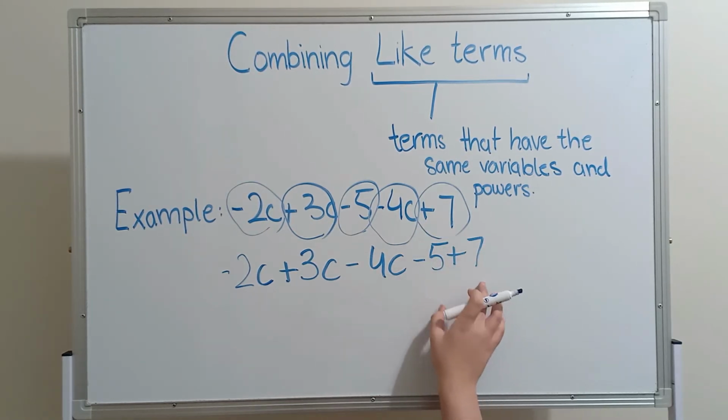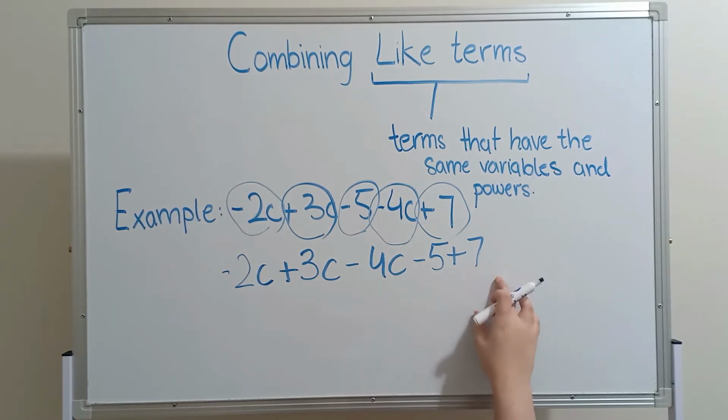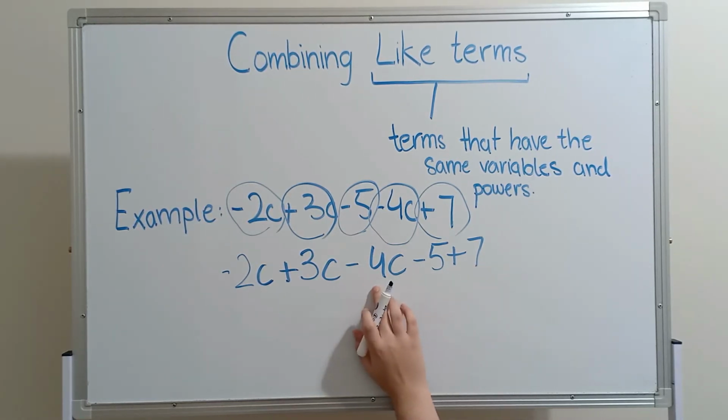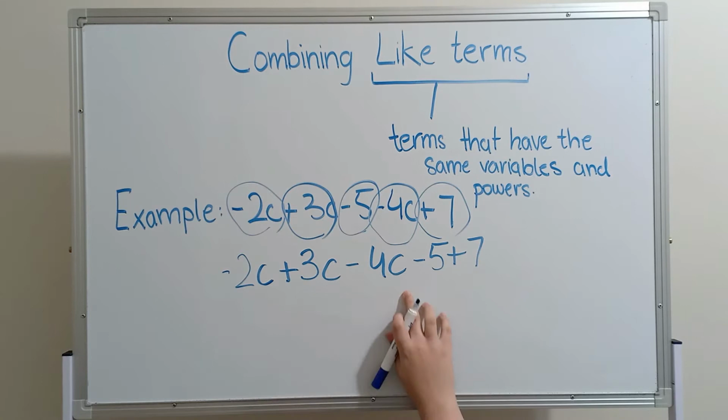These are constants. These don't have any variable right next to them, so negative 5 and 7 are constants. And these are like terms. So now let's add all of these like terms. Negative 2 plus 3 is going to give us positive 1.